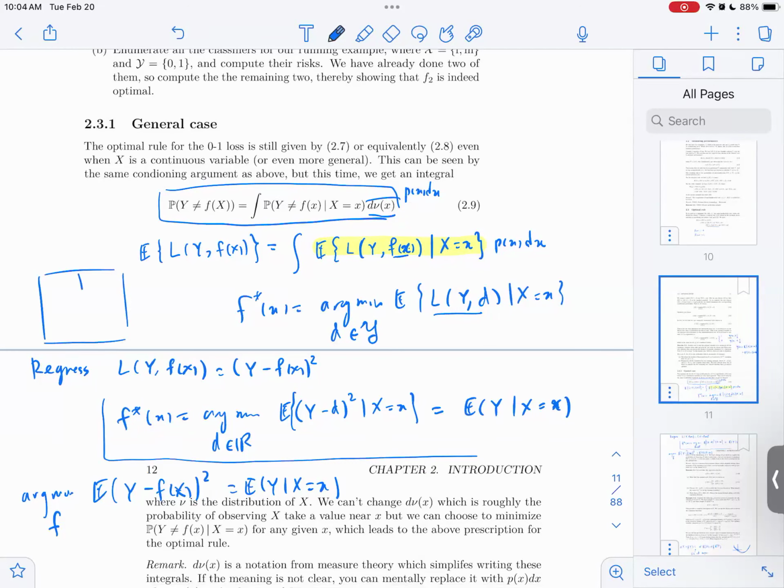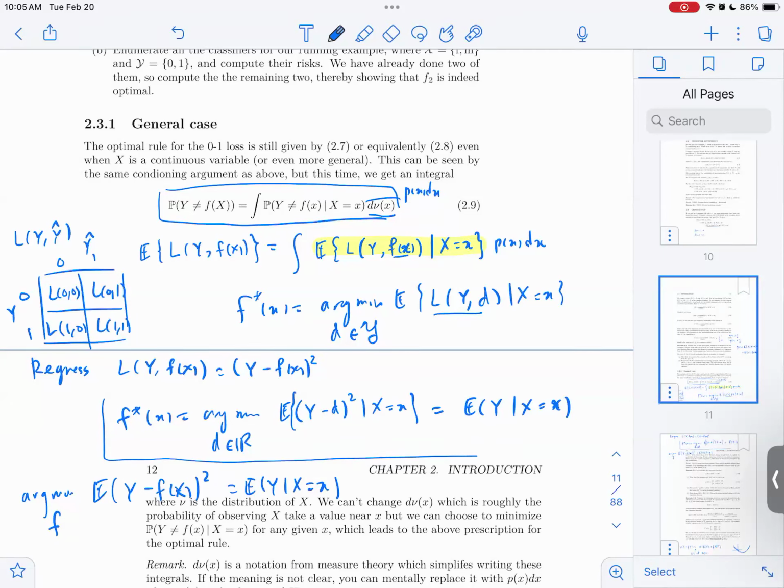So L00, L01, L10, L11. If you specify the loss in binary classification, because y and y hat are binary, this is like L(y, y hat). Let's say this is y hat. I have to specify 4 numbers.